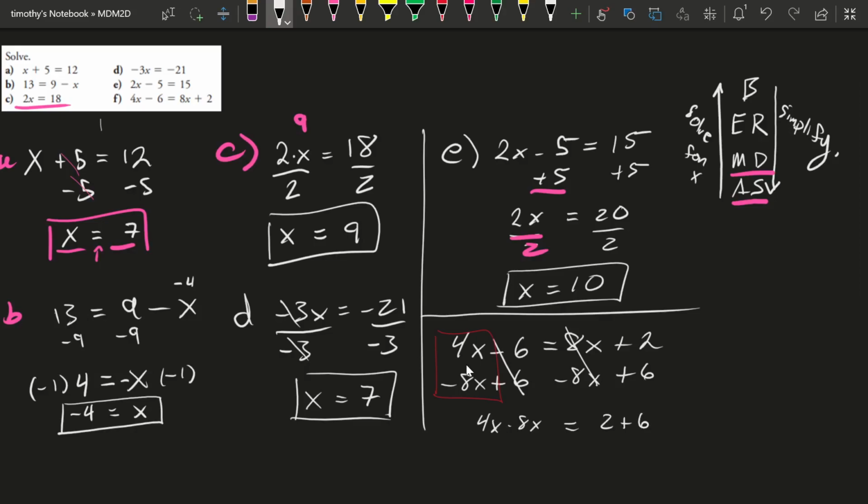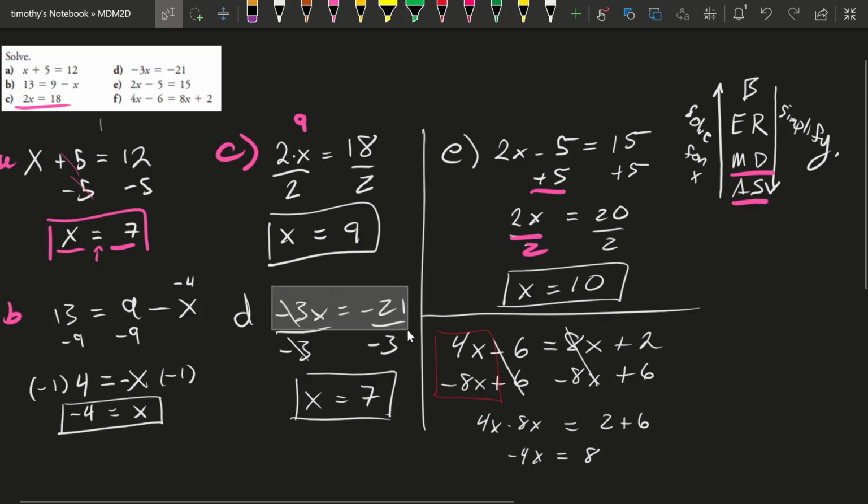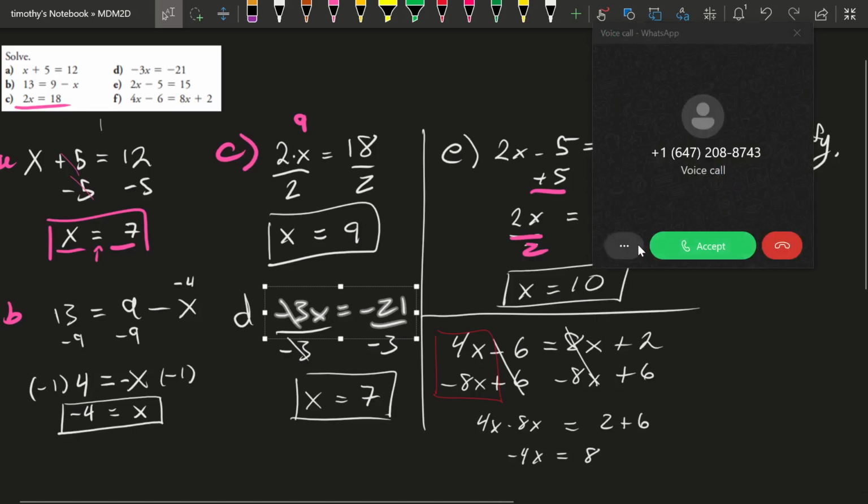Well, a 4x minus 8x is a negative 4x, and a 2 plus 6 is an 8. Okay, now if you look closely, I'm actually very close to the equation over here, the 3x minus 21, right? So at this stage, I am going to do my multiplication and division.